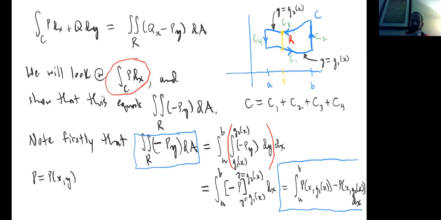Well, I can basically parametrize C1 by letting x go between a and b, and then y is just equal to g1 of x, for crying out loud. How easy is that? So look at that. X just simply goes between a and b, and as that's happening, y is equal to g1 of x, and that gets us on that curve C1, the bottom curve right there.